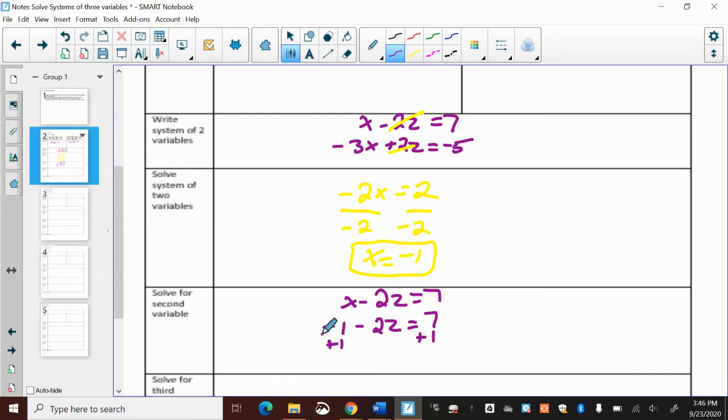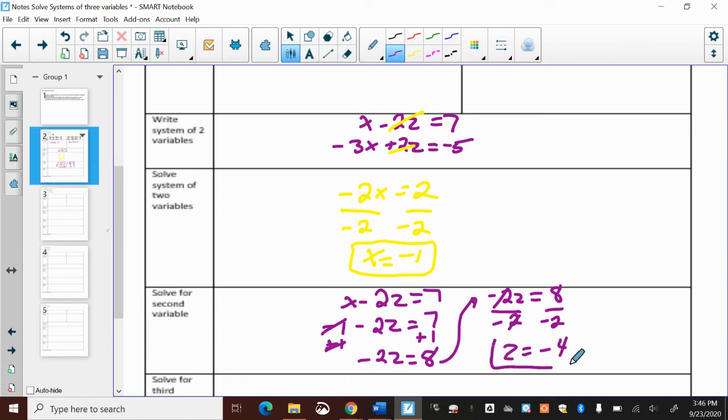I want to isolate that z. Here we get minus 2z is equal to 8. Let's continue that problem. Divide each side by negative 2, and I find z to equal negative 4. I'm going to go and box that.